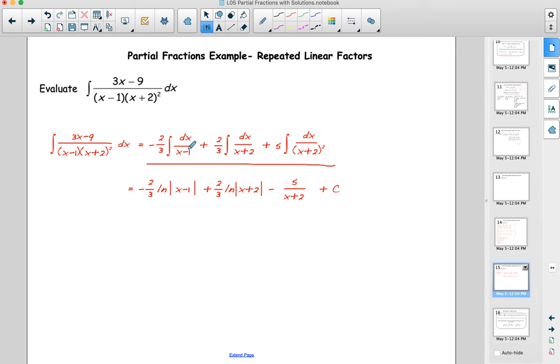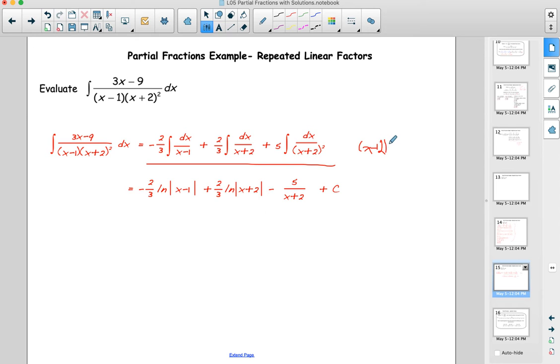Going backwards, this is a ln, it's monic, so it's just going to become -2/3 times the ln of the absolute value of x - 1. This is also monic here, degree of the x term is 1, so it's just going to become plus 2/3 the ln of the absolute value of x + 2. And then going backwards on this one, this is a power function, it's (x + 2) to the -2.